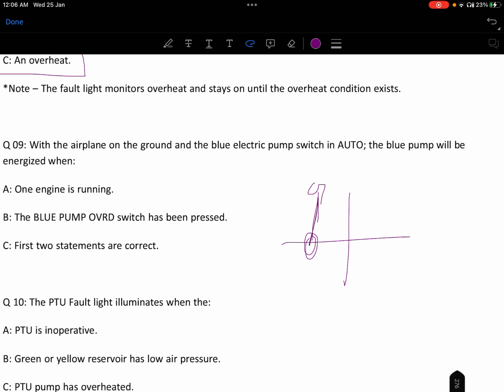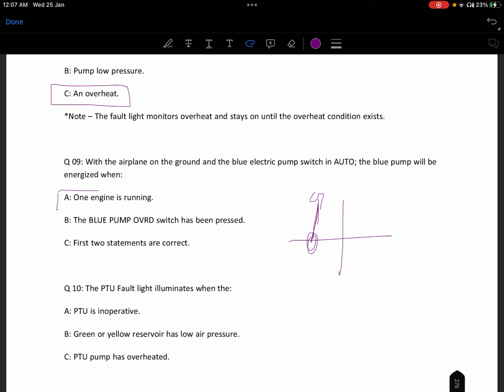The blue system will automatically start working as it is in its auto position, right? So option alpha, one engine is running. Or the second option, the blue pump override switch has been pressed. This is also a correct option.